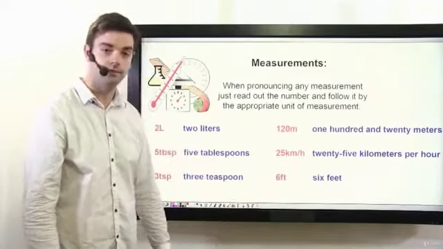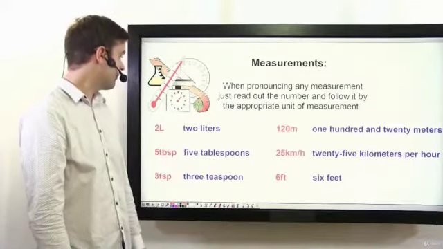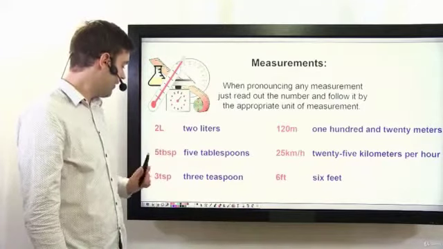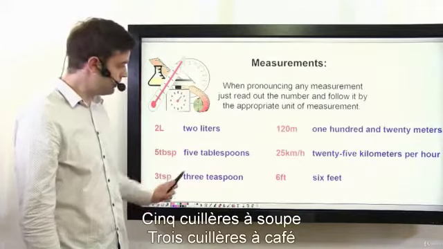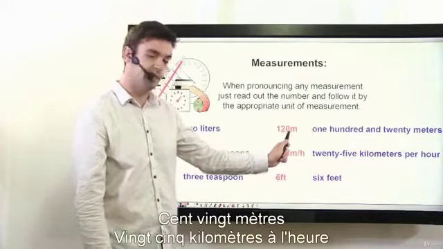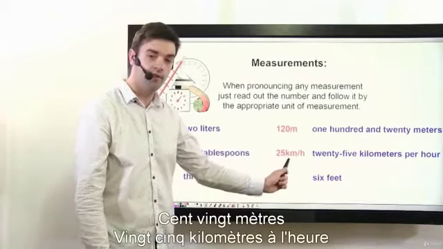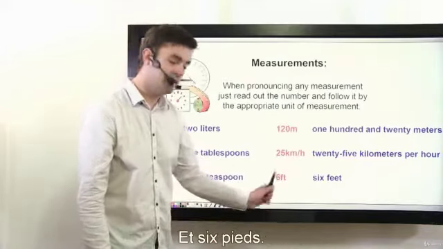So, 2 liters, 5 tablespoons, 3 teaspoons, 120 meters, 25 kilometers per hour, and 6 feet.